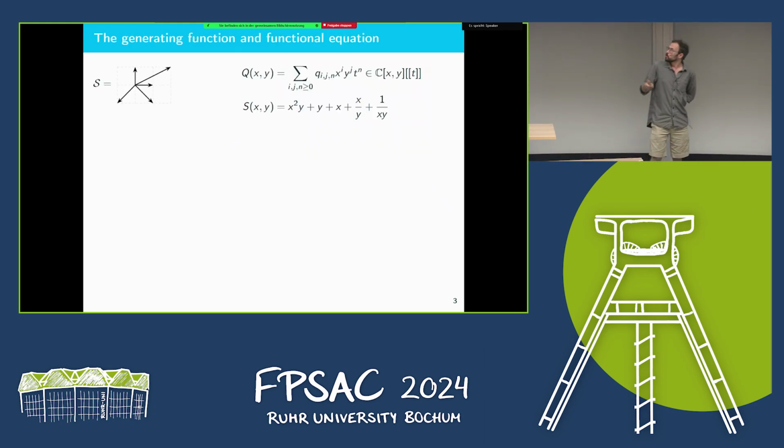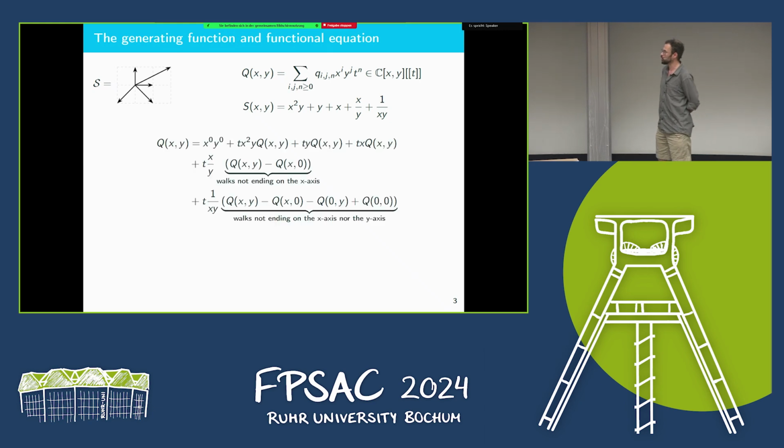So in enumerative combinatorics, the natural thing to do is to just plug this number into a generating function, Q(x,y), where the variables x and y account for the ending point, and the variable t accounts for the number of steps. So I will show you how to derive a functional equation for such walks for this specific model, which will be our running example.